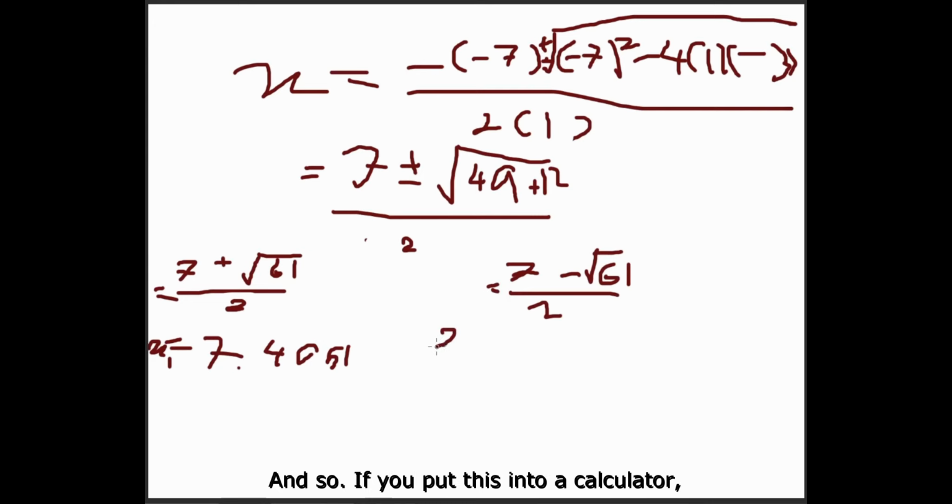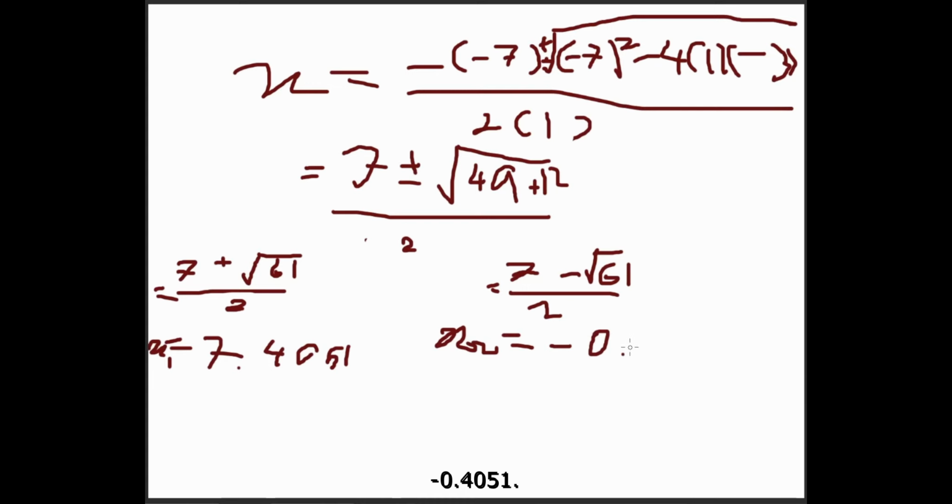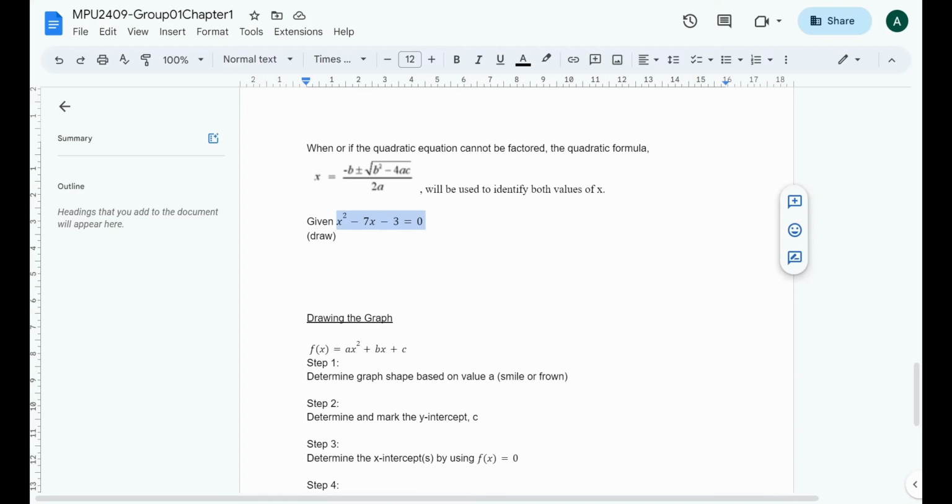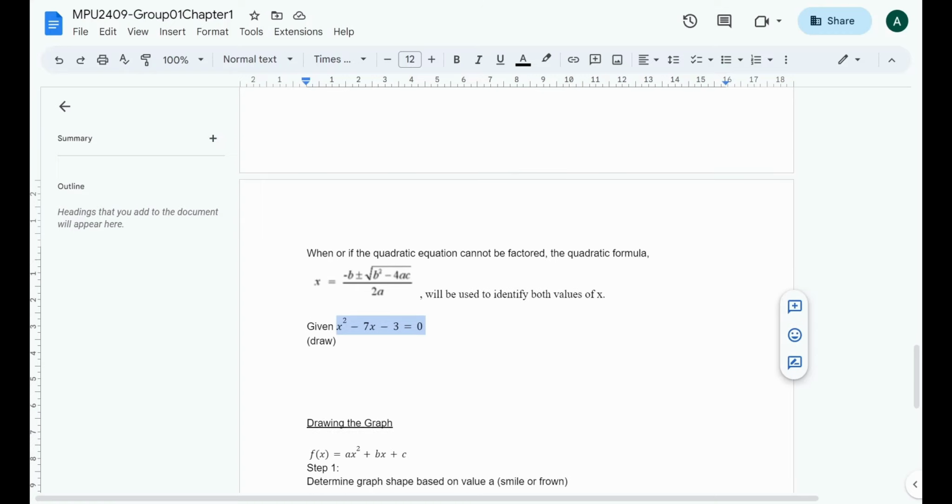And so if we put this into a calculator, we will get the value of x2 is negative 0.4051. And so this is how you solve to achieve the two values of x, also known as the roots, for equations that you cannot factorize.